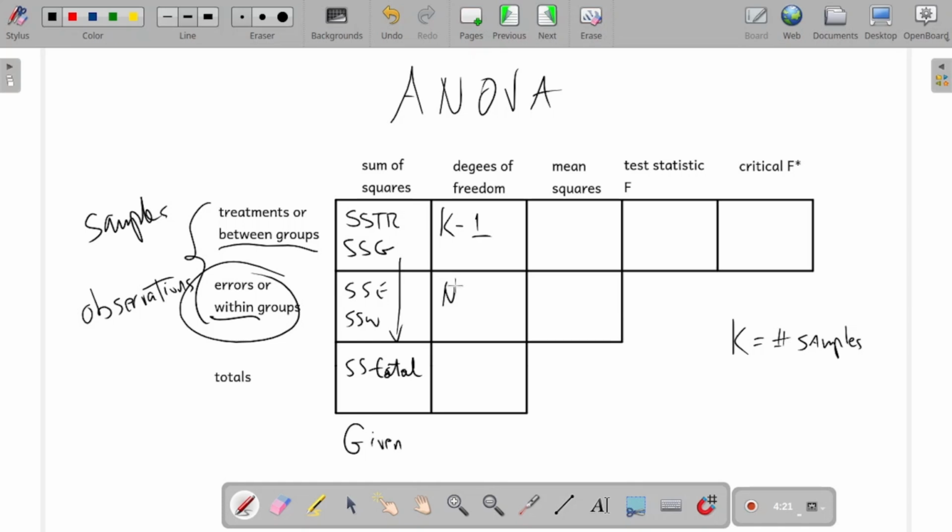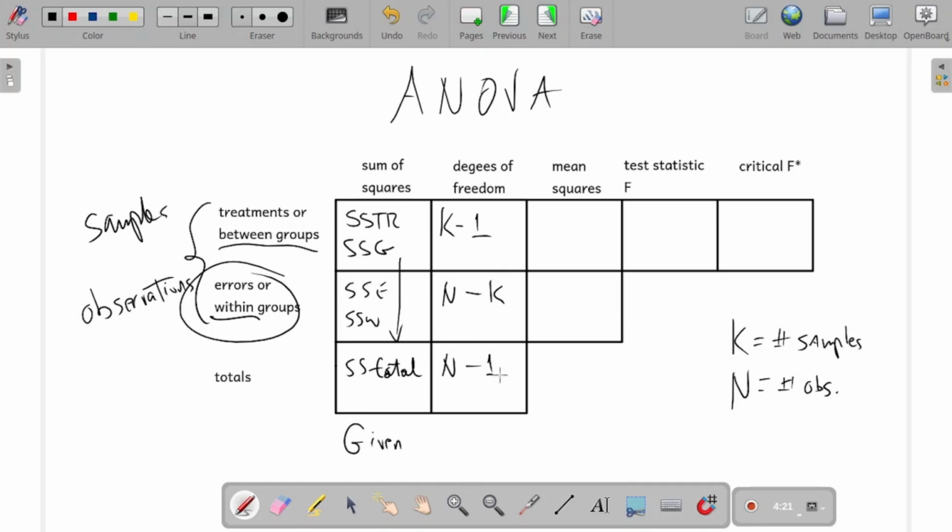This is big N minus k, where big N is the total number of observations. So 5 groups, each of 20, will give you 100. And then, of course, 100 minus 5 gives you 95 in the example we're talking about there. And this is just for bookkeeping. This will be N minus 1. We'll use that in further courses if we need to.